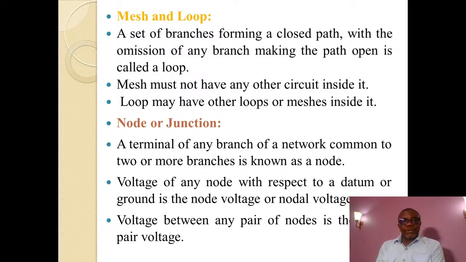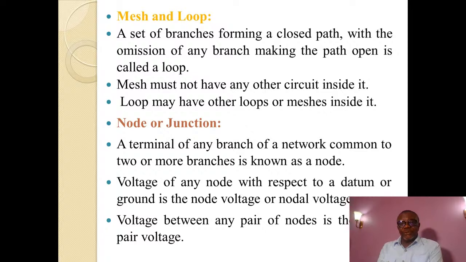Node or junction are also equally used each time we are doing circuit analysis. So a terminal of any branch of a network common to 2 or more branches is known as a node.